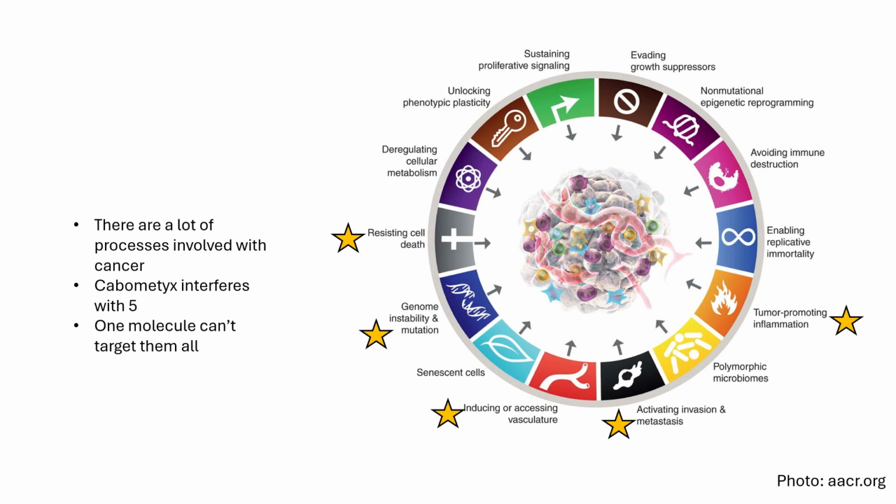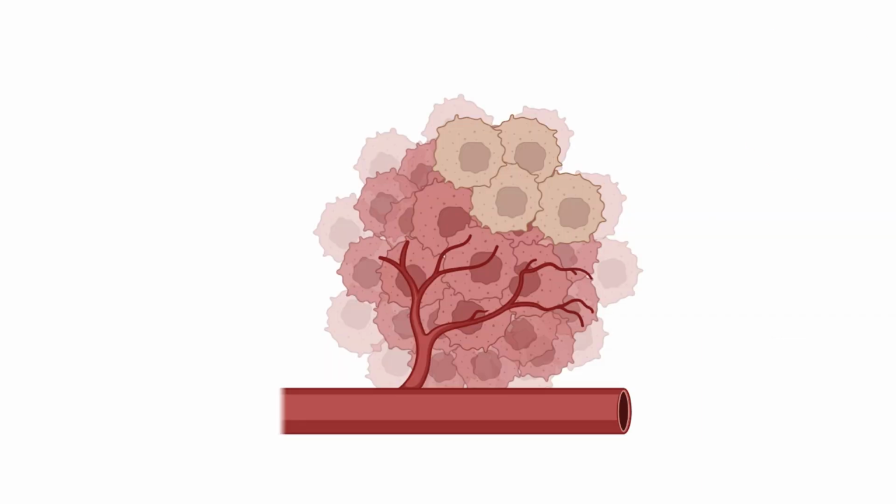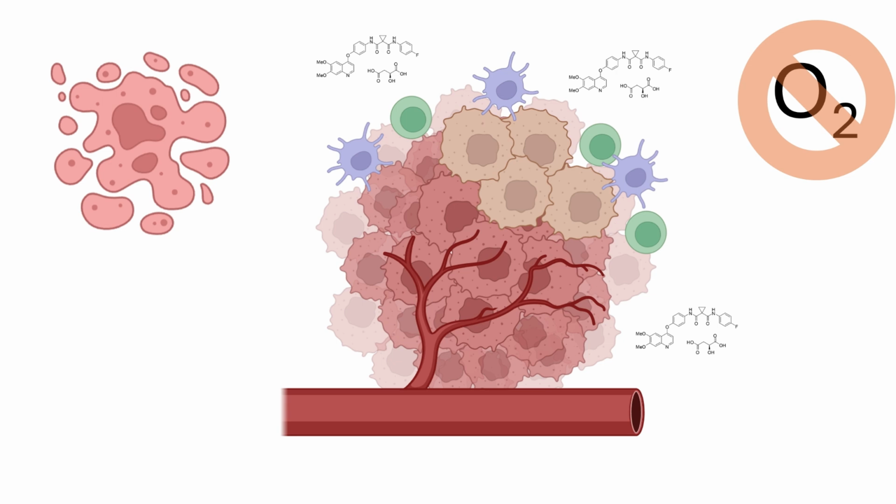That's why treatment plans like Opdivo and Cabometyx, or even different chemotherapies in general, exist. Taking Cabometyx essentially leaves tumors isolated from nutritional support and vulnerable to destruction by immune cells, other drugs, and natural cell death. So those are a lot of biological processes being disrupted at the same time.